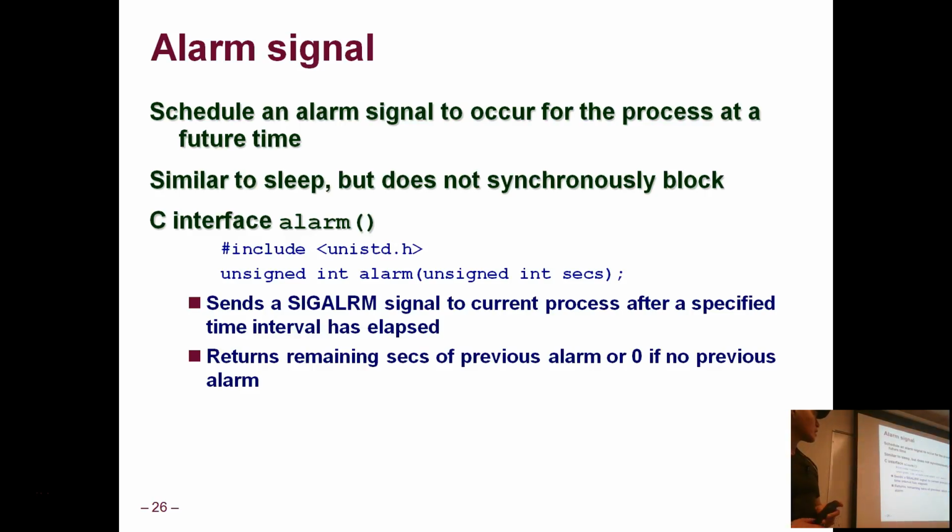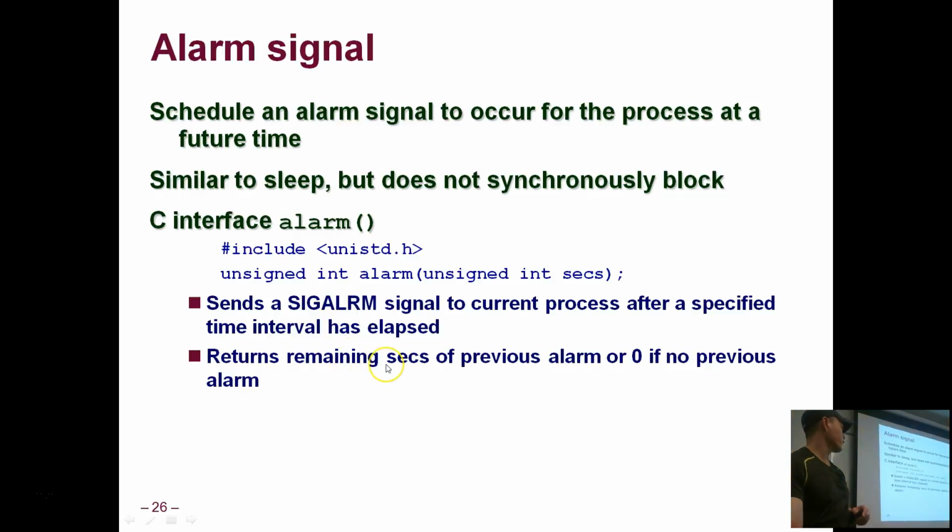Okay, another signal that you can send is the alarm signal. When you call alarm with a certain number of seconds, it'll schedule a SIGALRM for a specified time interval in the future.